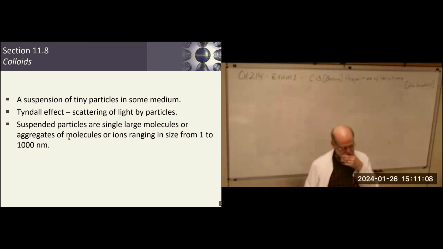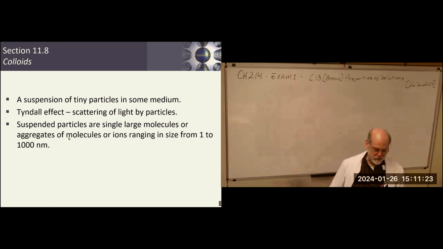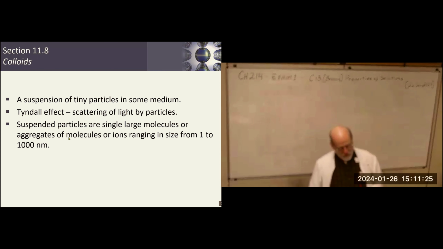What's a million? A millionth of a meter. I'm having trouble today. Micrometers. Yeah, micrometer. So it's between 1 nanometer and 1 micrometer in size.